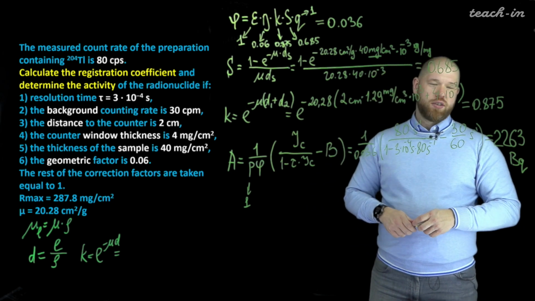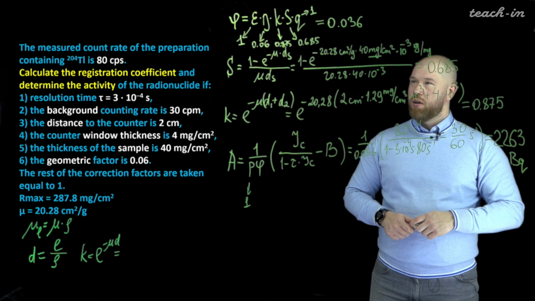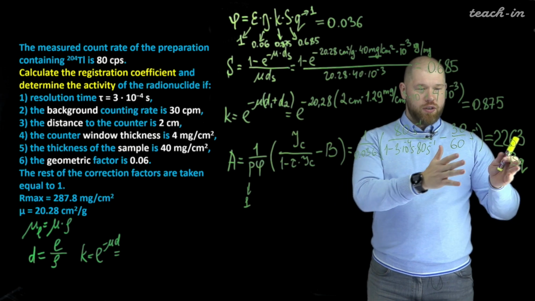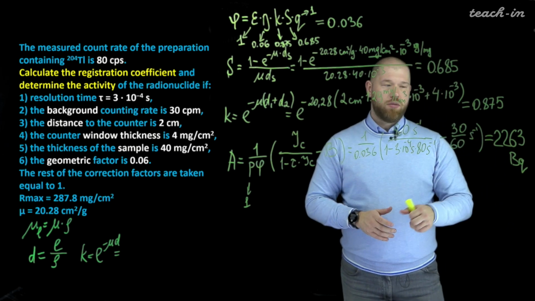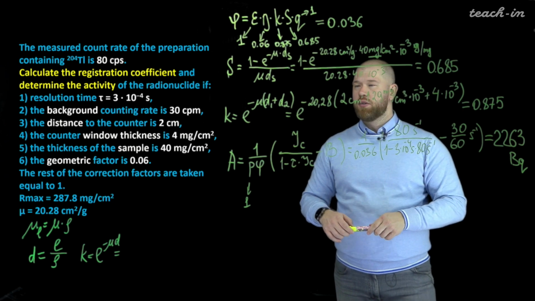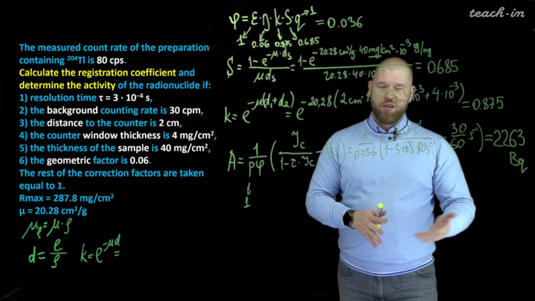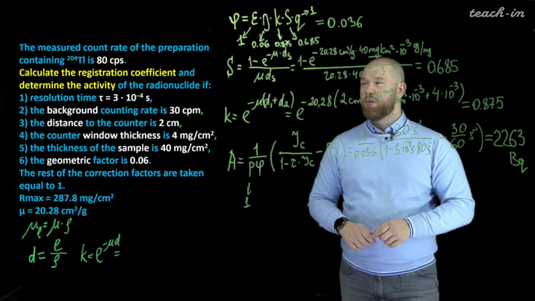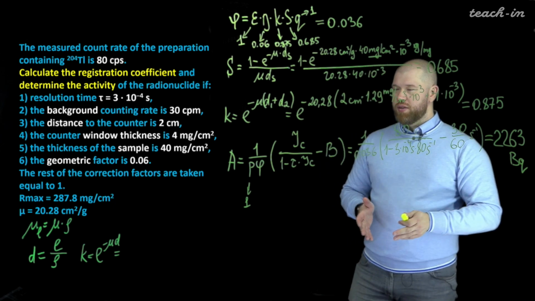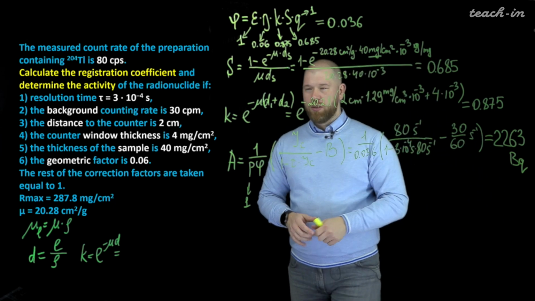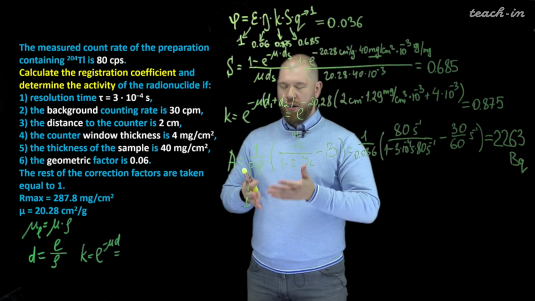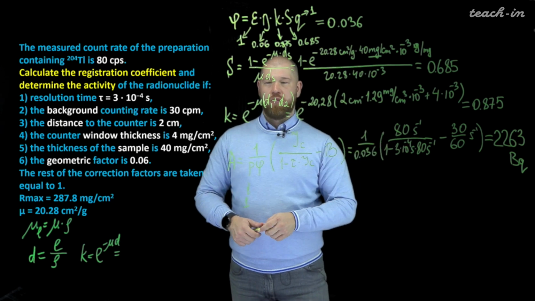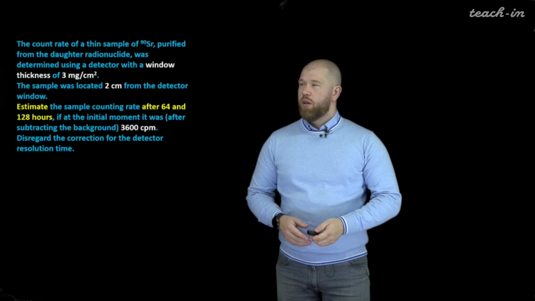And it is interesting that the registration coefficient is quite small, even if the activity of the sample is quite high, 2000 becquerels. But when we measure the sample, it is only 80 CPS, counts per second. So that is a good example of how the measured count rate is different from the real activity. And now the next task.